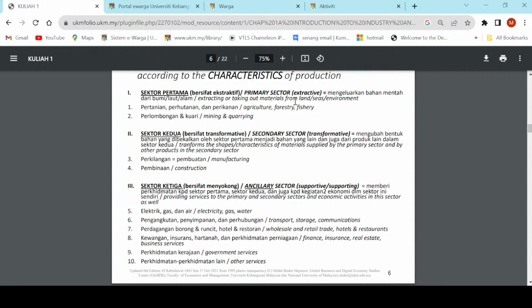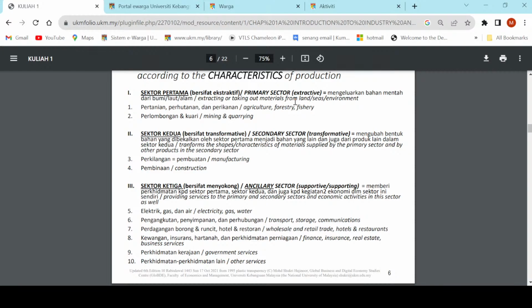Number 2, mining and quarrying. Mining, maybe from the sea you get oil, and also some from the land you get oil. From the land you mine, you get tin, bauxite, rare earth. Rare earth is very important for semiconductor material.